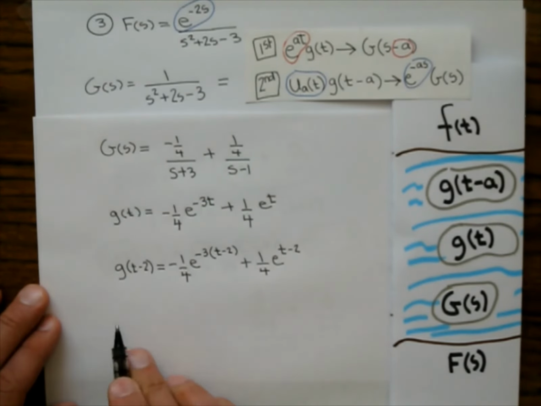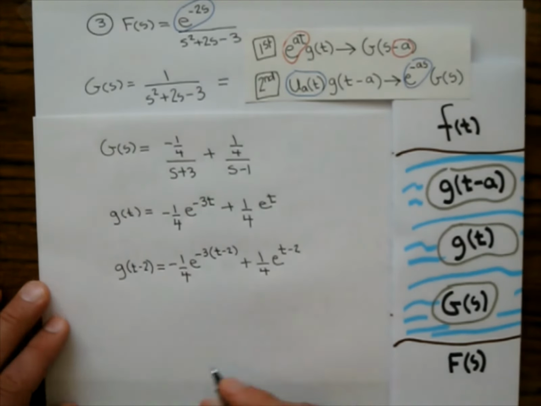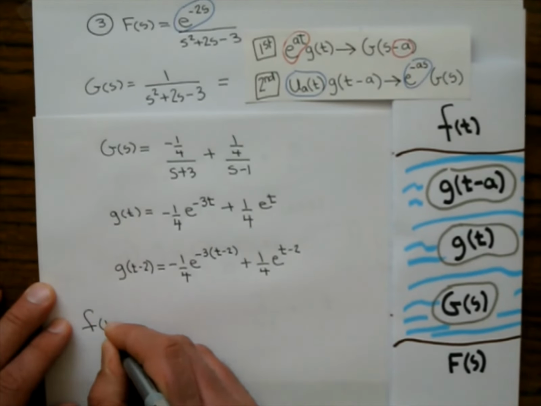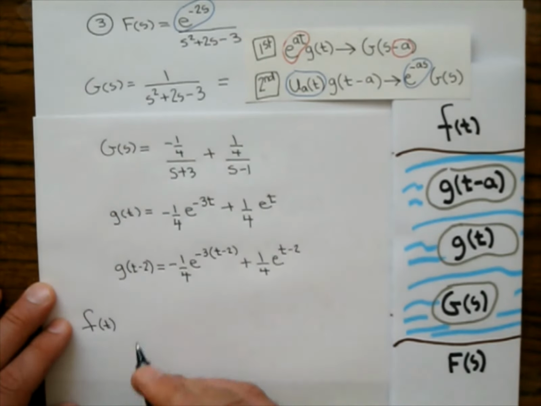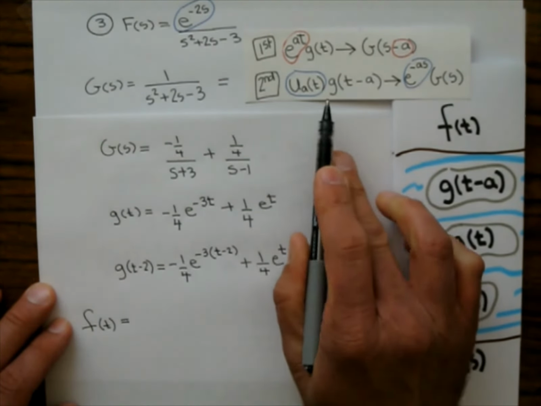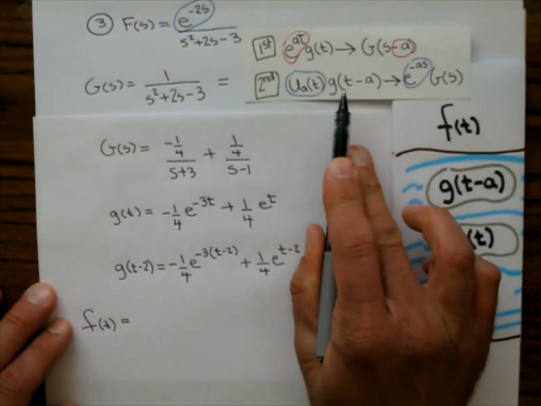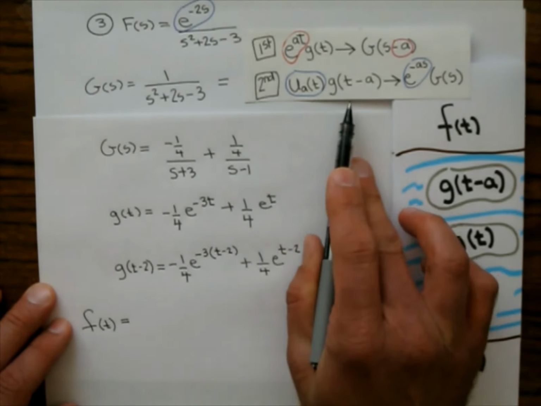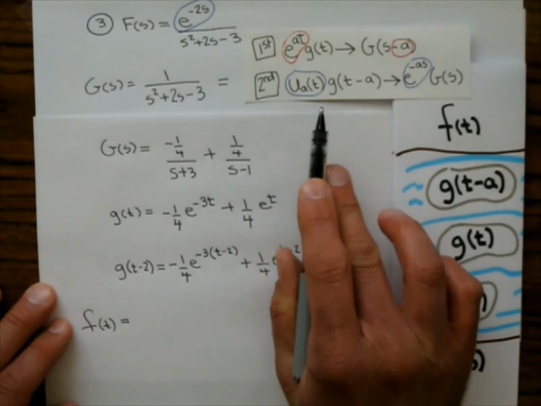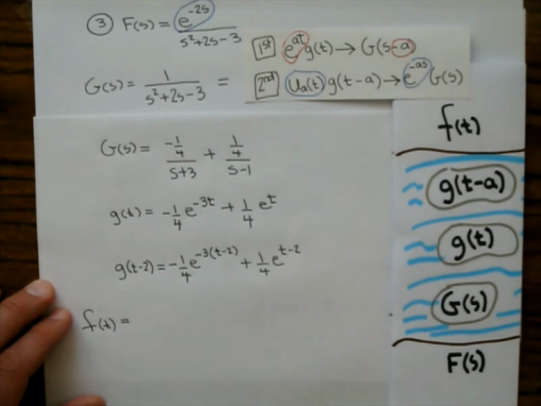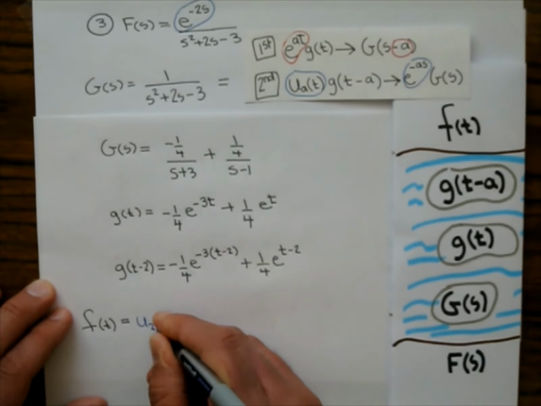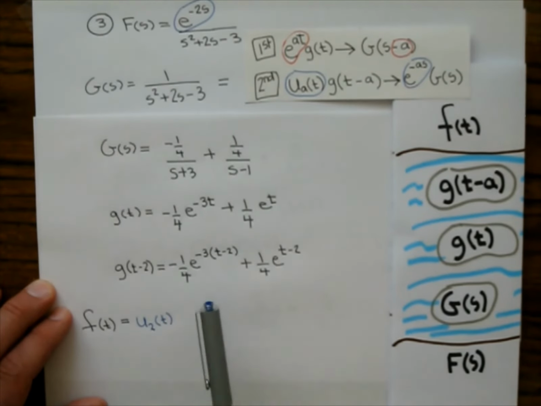So let's write out the last step. I'm going to jump to the shore. This is f of t. My original f is up there. Looking at the second shifting theorem, I'm going backwards, and I should multiply this part that I found by u sub a, or u sub 2. So u sub 2 of t times that.